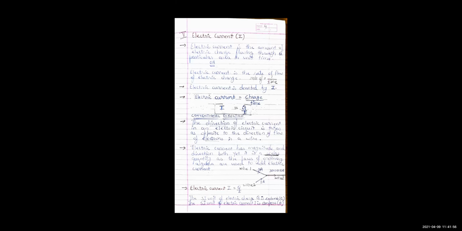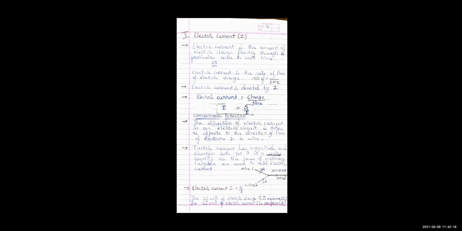So electric current, we know it is the electrons which are flowing, right? So it is the flow of electrons, but in a particular time. So you can define electric current as charge upon time, charge by time, right children?